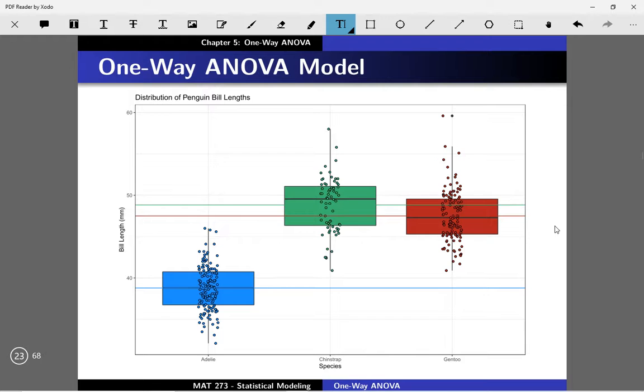This is a way to visualize the difference in the group means here. We can see they're quite a bit different. There's quite a gap in terms of the average response values, average bill lengths, within each group. So we can use a one-way Anova to formally test if the penguins differ on average in terms of bill length by species.